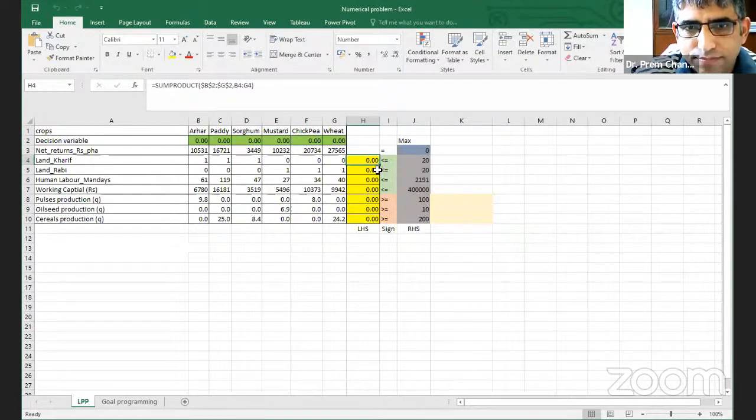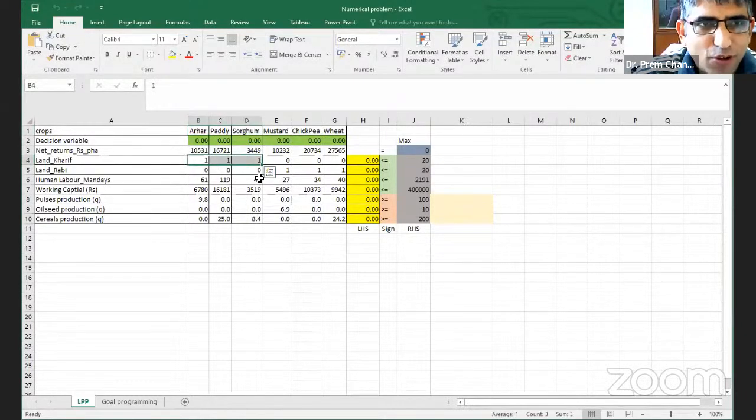So, as I requested, kindly look at your screen. Are you ready? What I said is he has 6 crops to grow, 3 in Rabi and 3 in Kharif.